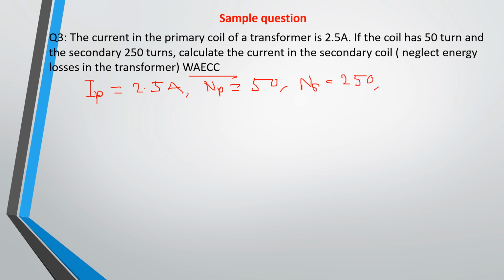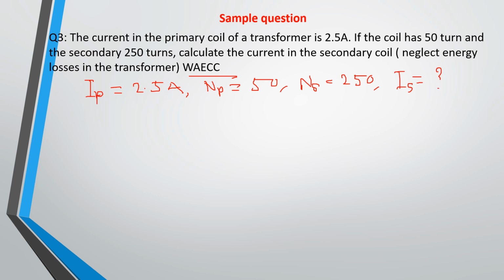Then you are asked to find the current in the secondary, which is IS. This is what we don't know.